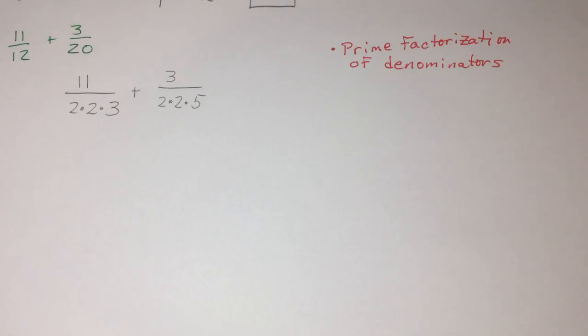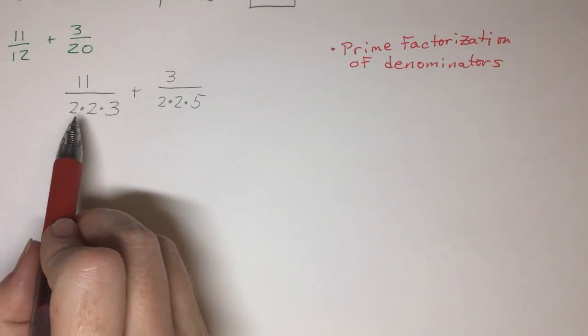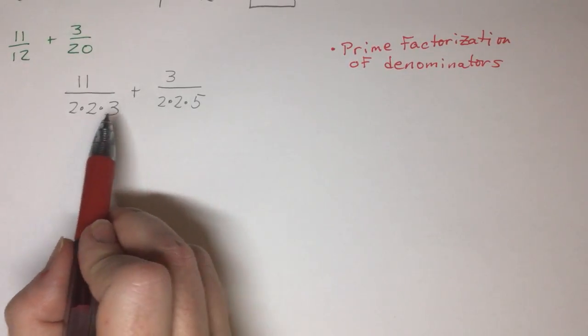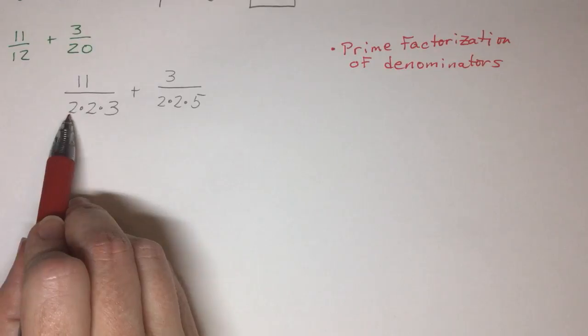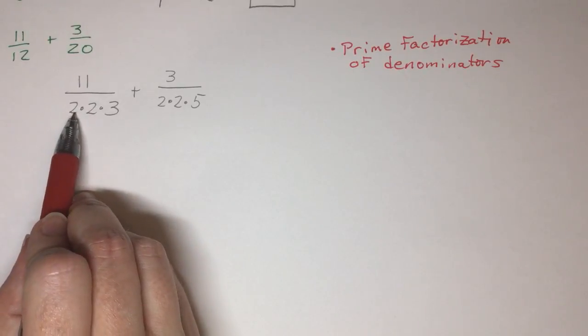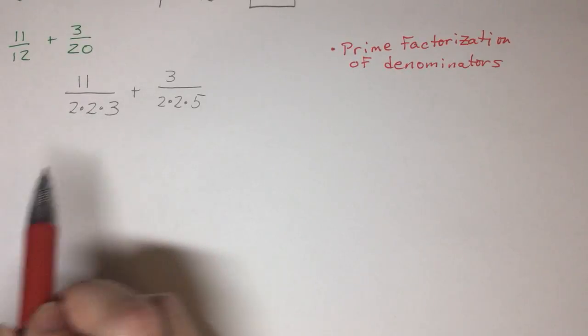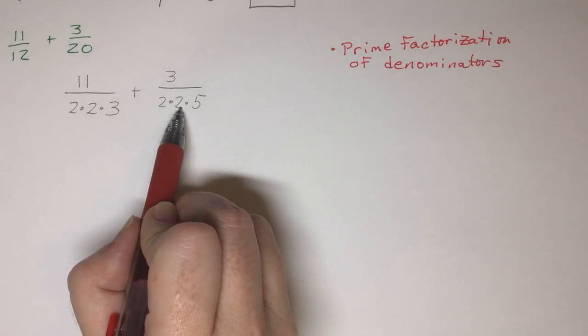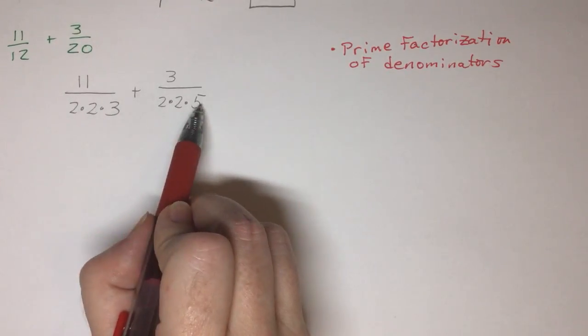Now, to have like terms, I need to have the same units. I need the denominators to be exactly the same. Well, I'm going to look at both denominators and I'm going to look at the factors. And I'm going to say, well, this denominator has a 2, a 2, and a 3. This one has a 2, a 2, I've got both of those, and a 5.